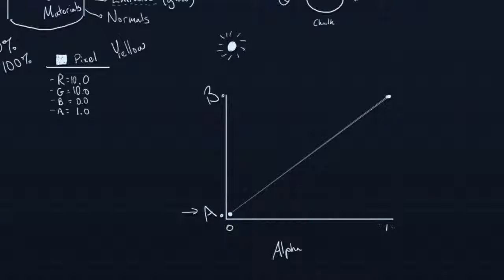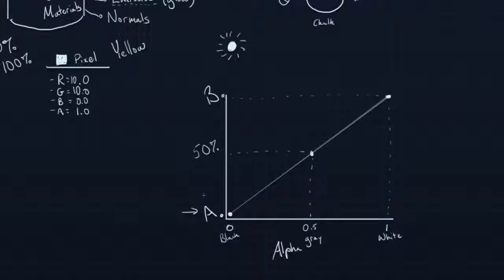If alpha is 1, and just to kind of drive this home, 0, if you're using a texture, is the same as black, and 1 is the same as white. So at a value of 1, you're seeing the result of B. At a value, say, of 0.5, which would be gray, you would see something that was 50% of both results.